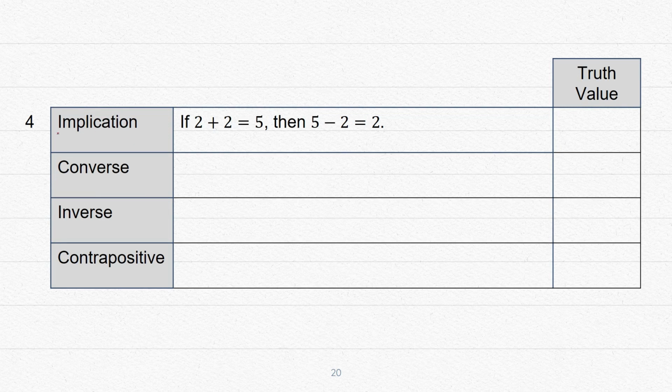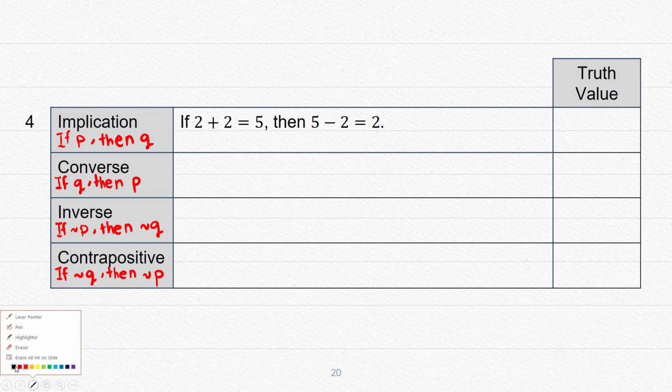First we look for the implication: if P, then Q. The converse is if Q, then P. The inverse is if tilde P, then tilde Q. The contrapositive is if tilde Q, then tilde P. Now we construct the converse, inverse, and contrapositive for question number 4.